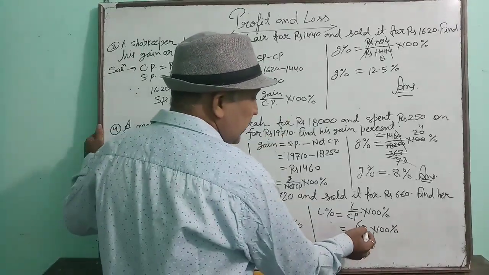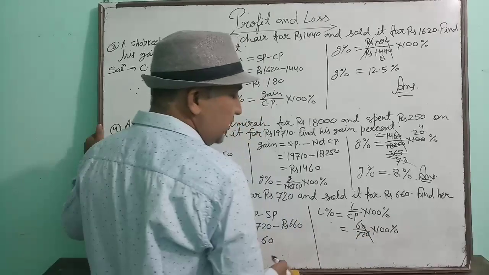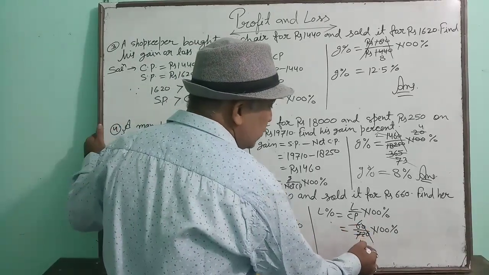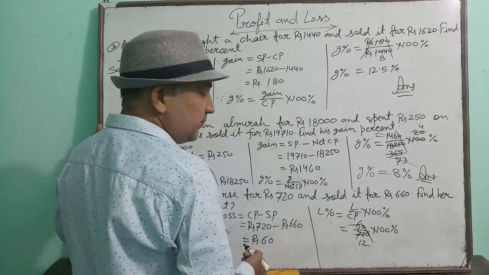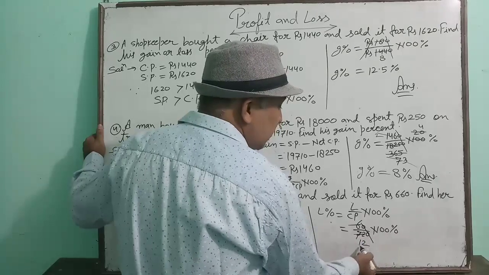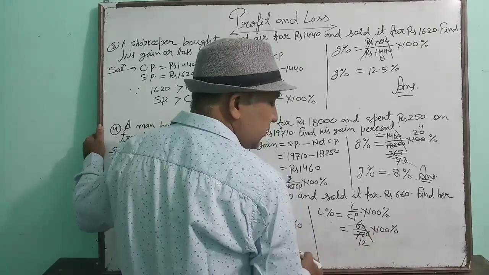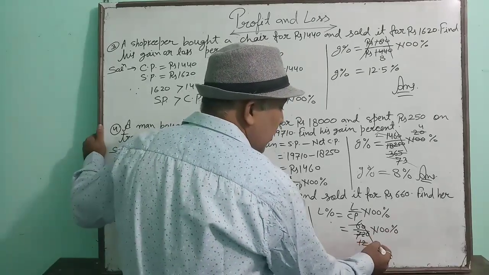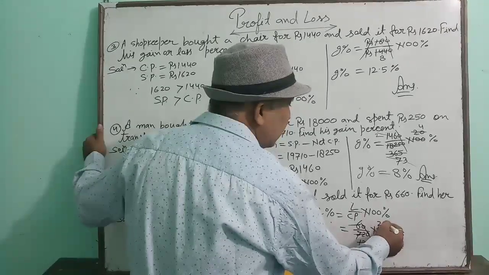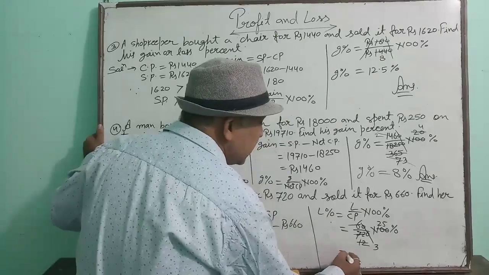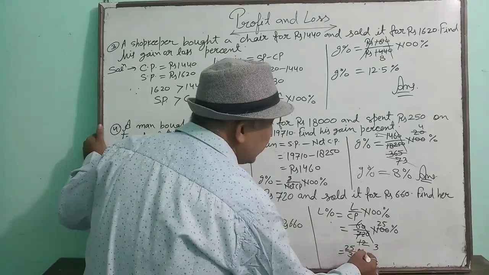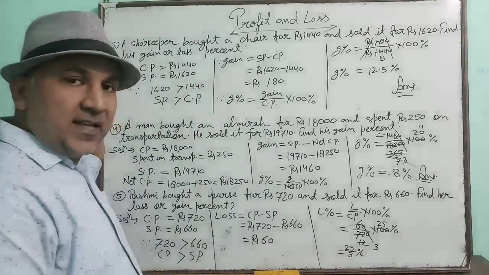You can see that 0 to 0 cancel. 6 can divide 72 by 12 times. Now 12 and 100 both are divisible by 4. 4 dividing 12 by 3 times, 4 dividing 100 by 25 times. That means loss percent is 25 by 3%.